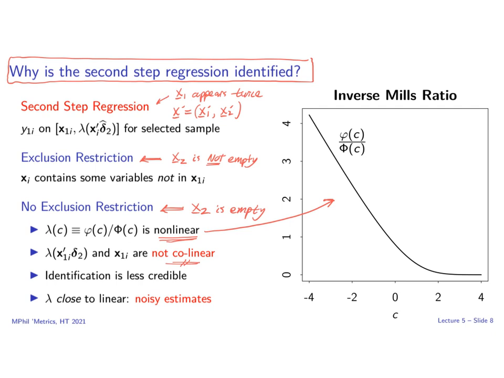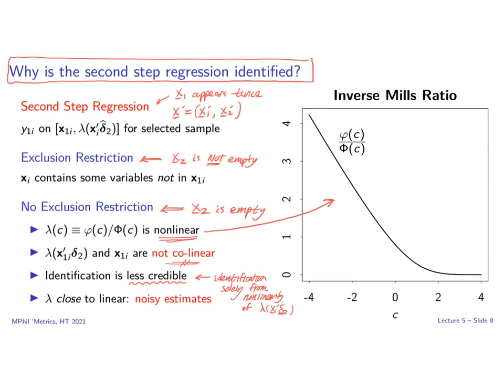However, identification without an exclusion restriction is typically viewed as much less credible, because here all of our identifying information comes from the nonlinear shape of the inverse Mills ratio. So people are typically concerned that we are making too much of our model assumptions in such a setting, and as a consequence, may not be so inclined to trust the results.